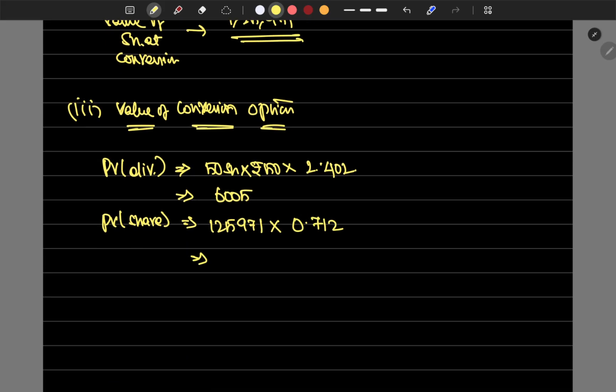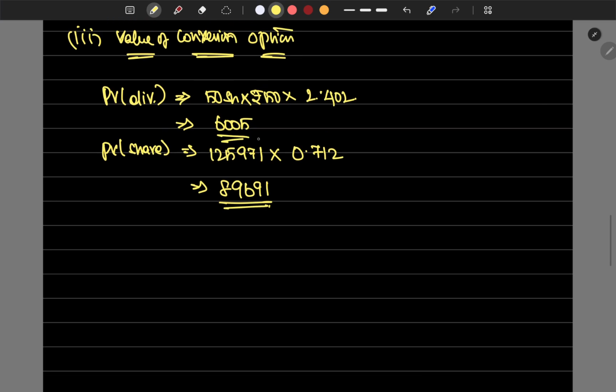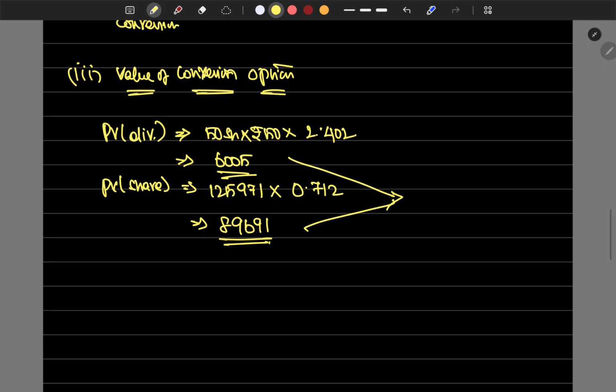Considering this, 125971 into 0.712, which is 89691.